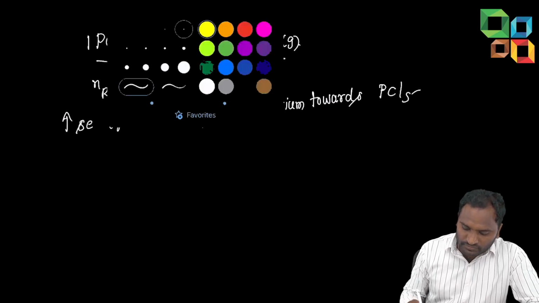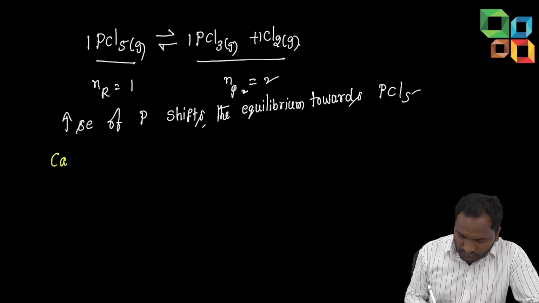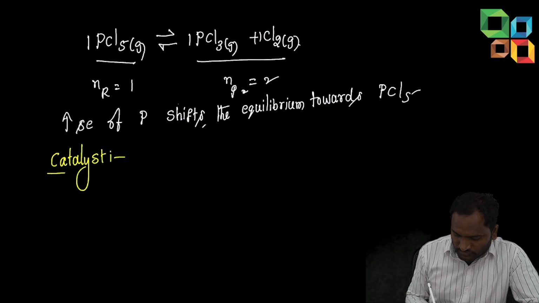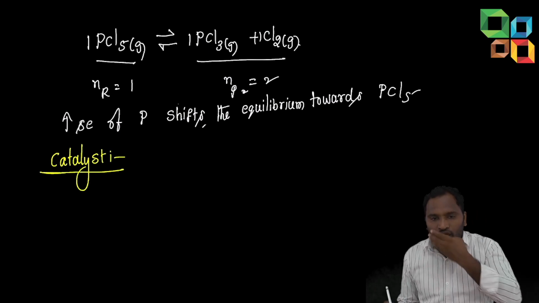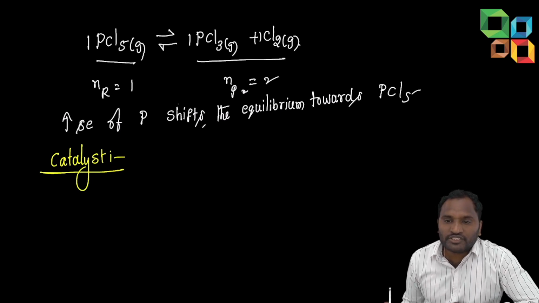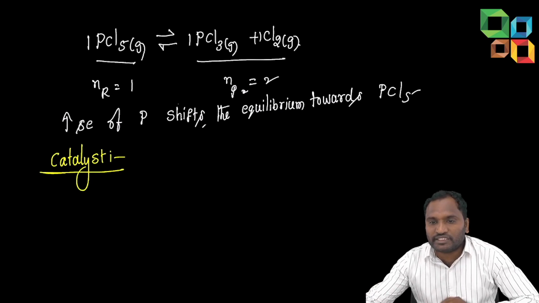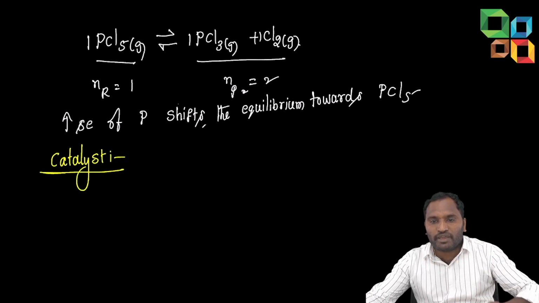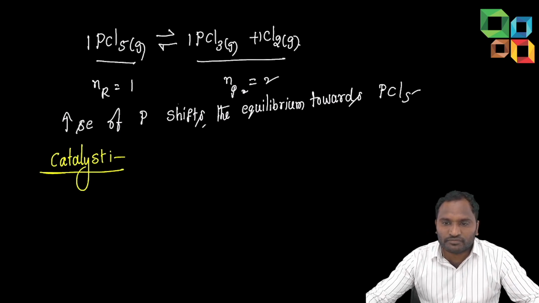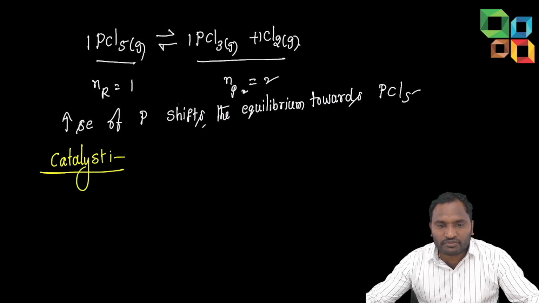Next, last one, catalyst. Students, catalyst does not affect the equilibrium because it increases both forward and backward reactions. So catalyst effect is nothing here.